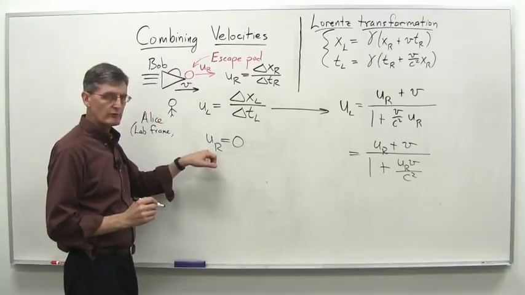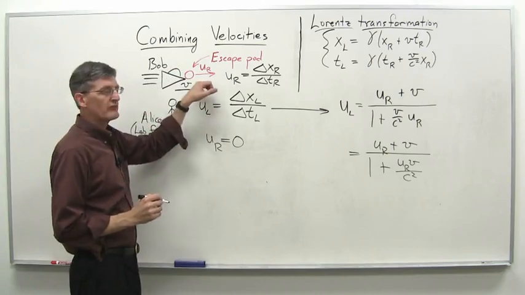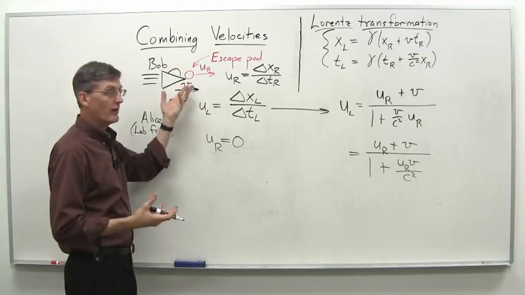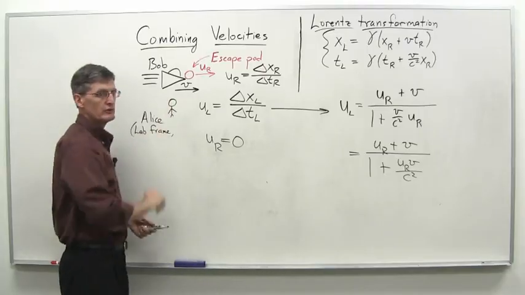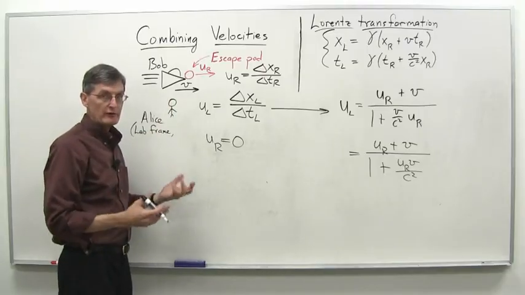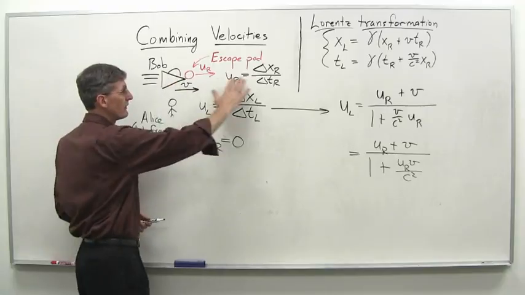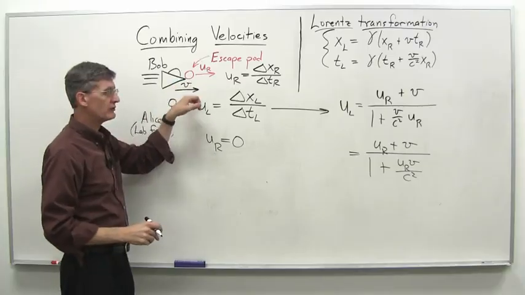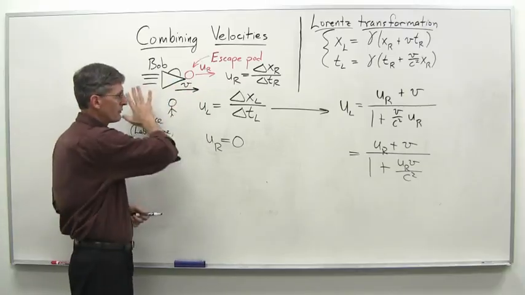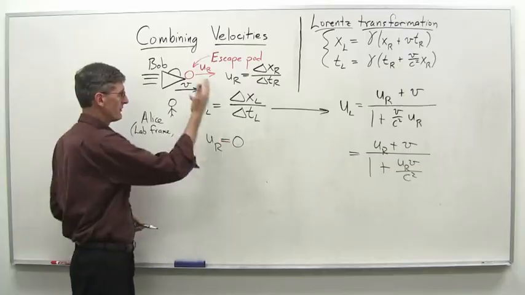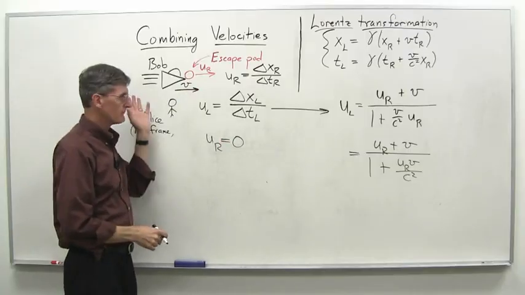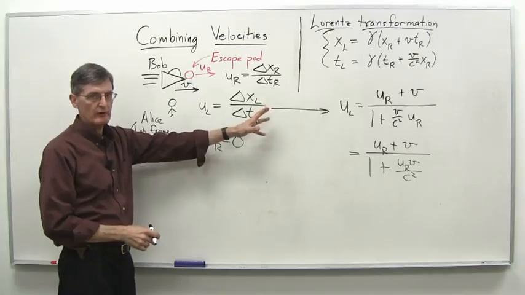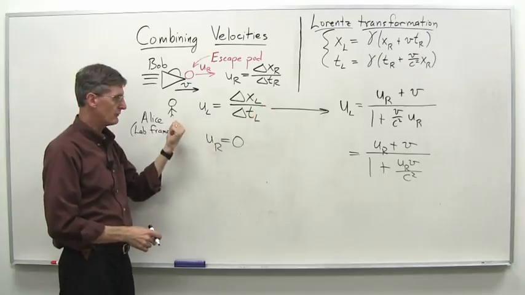So if u sub r equals 0, the velocity of the escape pod is 0 to Bob, which means he hasn't shot it off from his ship, we would expect it's just going to be traveling along with his ship. Alice should see the velocity of the escape pod just to be v, because that's the velocity of Bob's ship. And if the escape pod is just stuck to the ship, its velocity has got to be v as well in terms of what Alice observed.